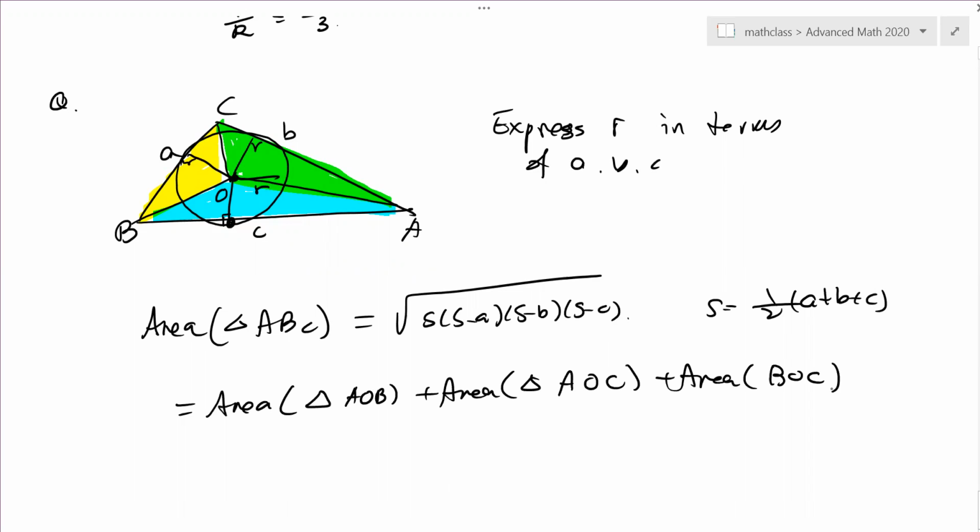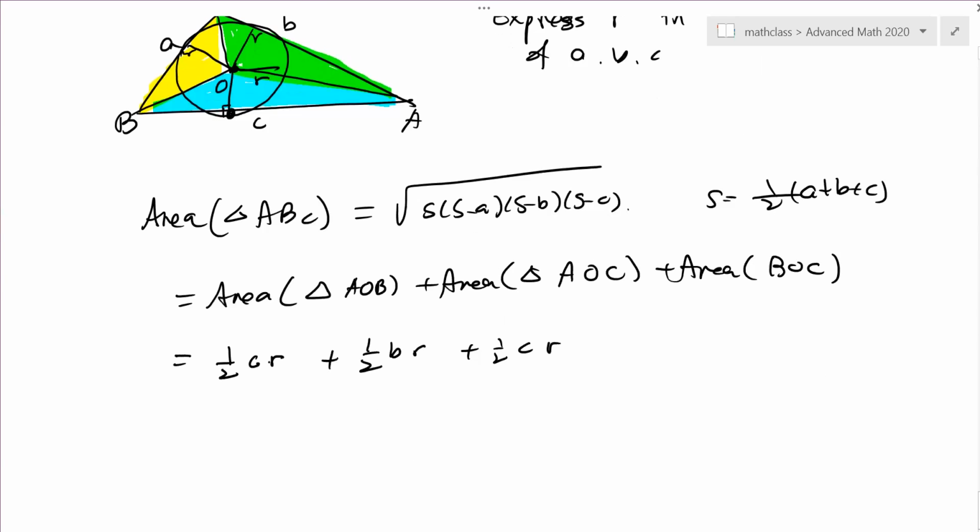Okay. So for each of them, you have the following. You have half of AOB is half of c times the radius R. The radius is going to be the height of the triangle, right? And this will be b times R. This will be a times R. Okay, and you will see that you will get half of (a plus b plus c) times R. This is nothing but just S R. Okay.